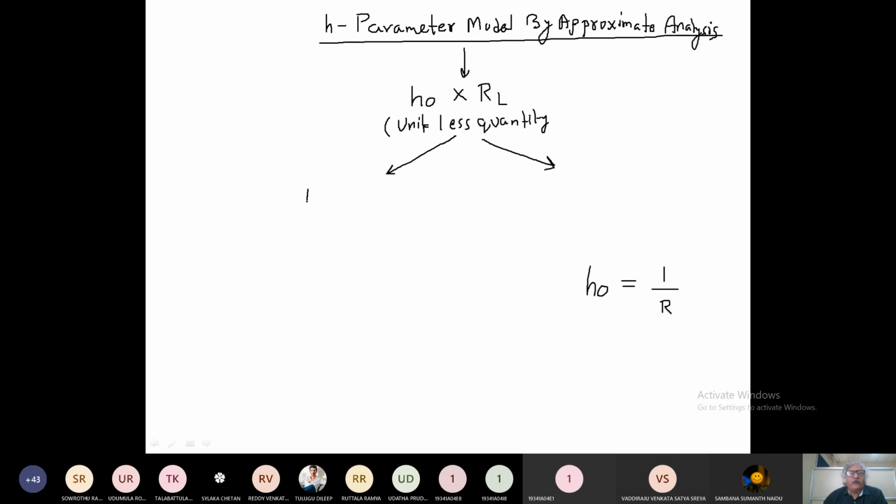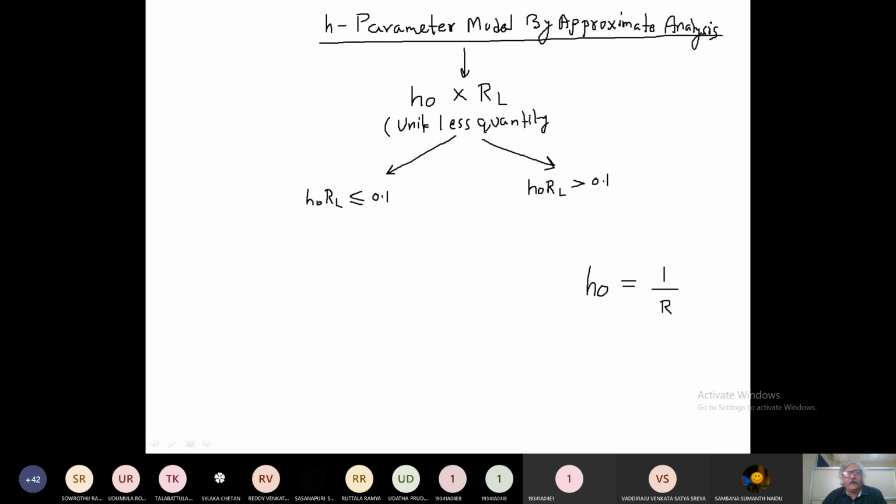The value of HO times RL will be either less than or equal to 0.1, or greater than 0.1.